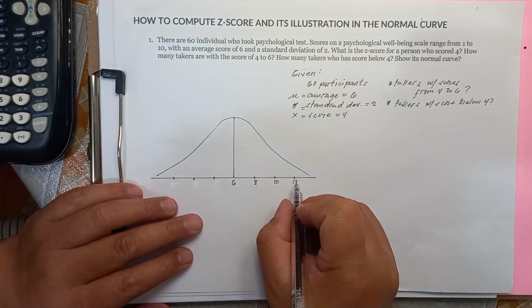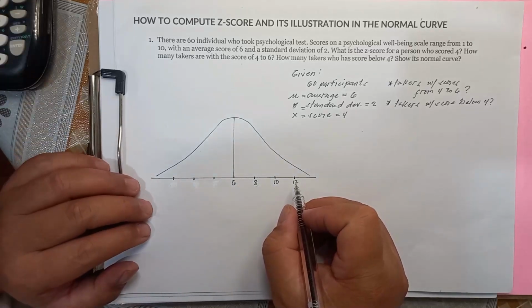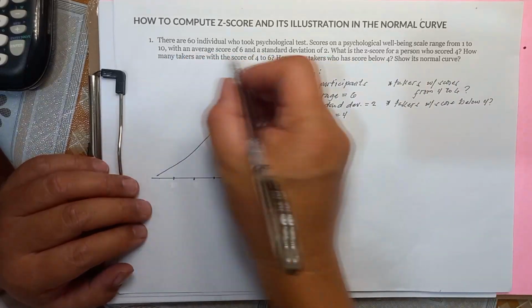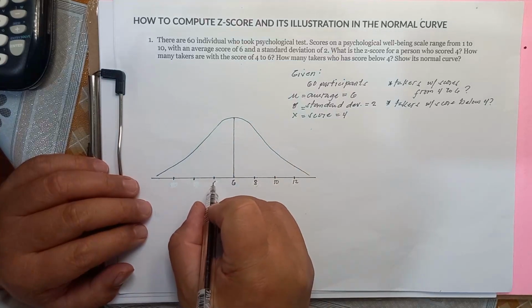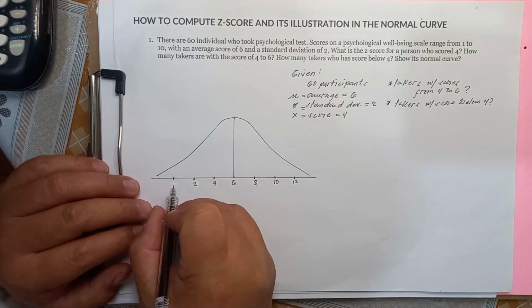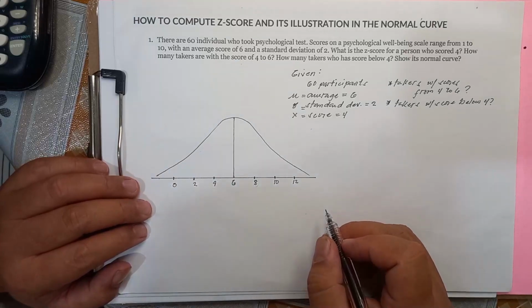This is 12, but there is no expected score for 12 because we are talking of a range of scores from 1 to 10. And on the other side, this must be 4, this must be 2, and this must be 0. So that is the normal curve of the problem.